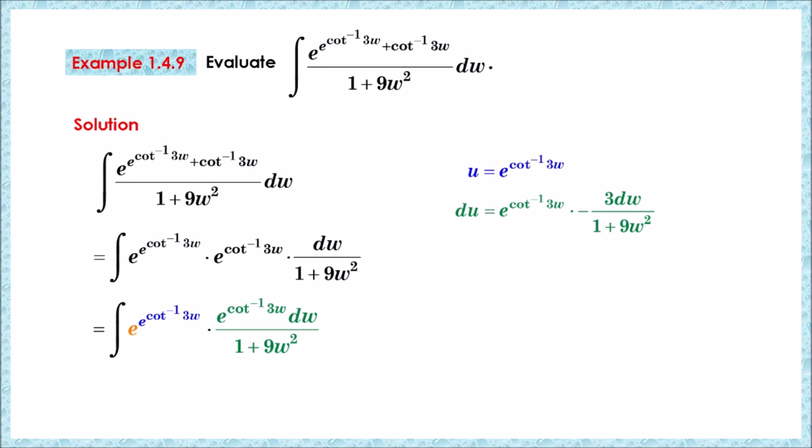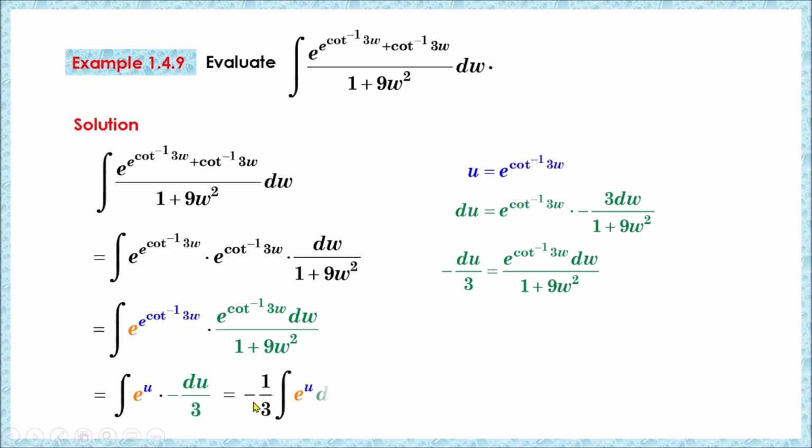Let us apply simple u substitution. Solving for negative du over 3, we get e to the cotangent inverse 3w dw over 1 plus 9w squared. So hence we have integral of e to the u times, so this expression is negative du over 3.